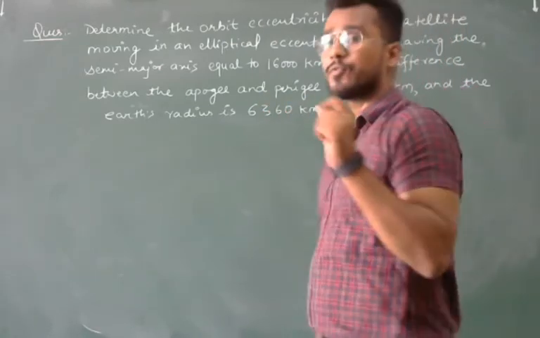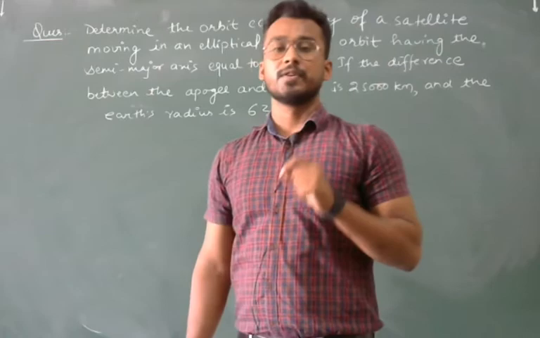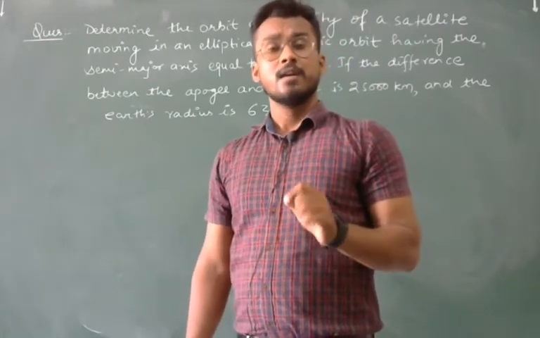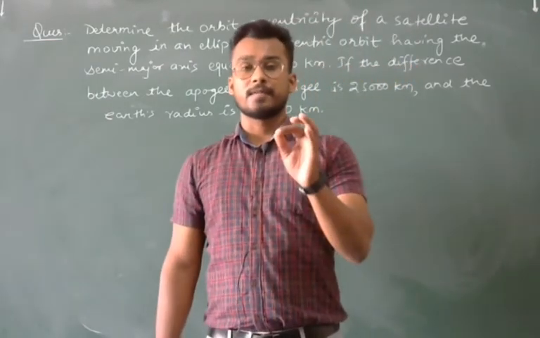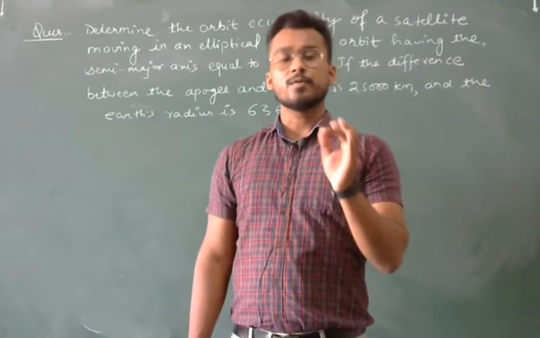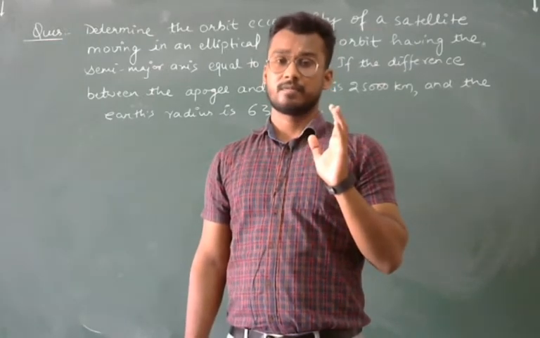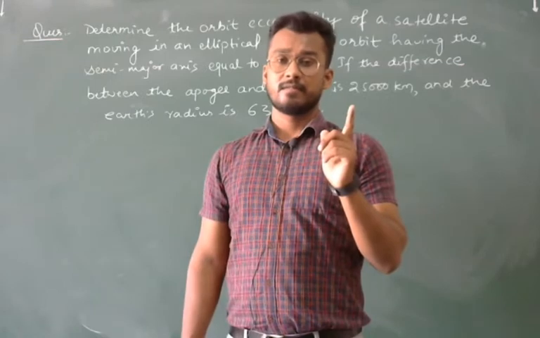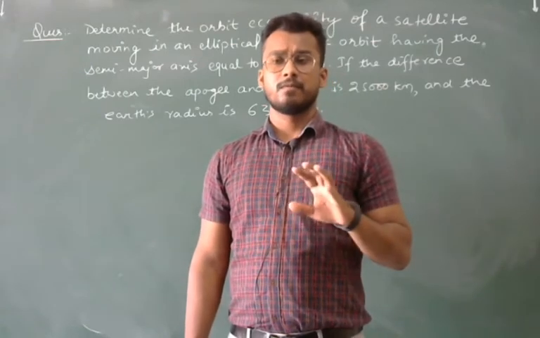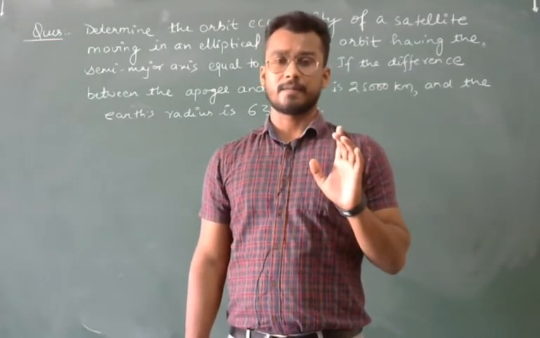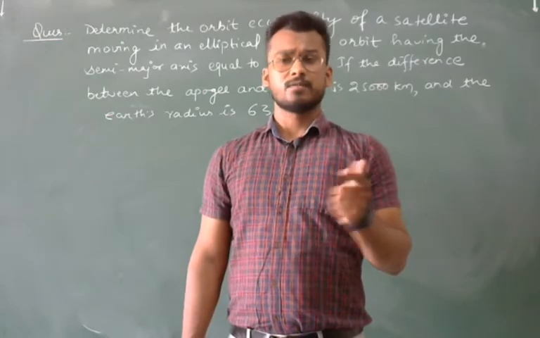That means we have to find out eccentricity. And in all my video lecture discussions, I used to say that the terminology should be clear to you: if there is a term eccentricity, then by what symbol do we represent that eccentricity? The representation must be known. That knowledge has much importance for solving the numerical. If you cannot understand how to write eccentricity, that will be quite tough for you.